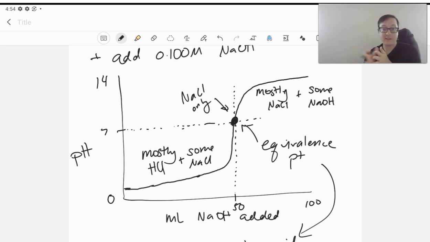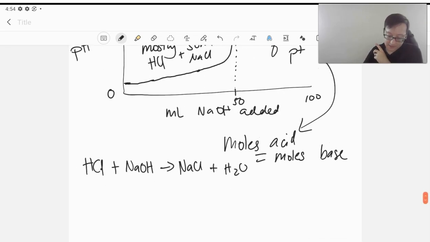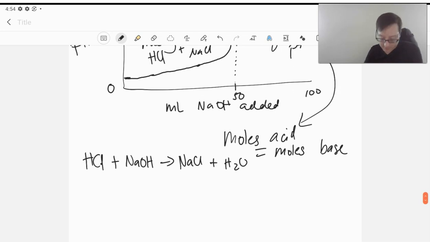So the patterns here. When we look at the initial pH, it's very low. That's one thing to look at; we'll look at a lot of characteristics throughout these titrations. So the initial pH is low, because we have a strong acid, so we're expecting it to be very acidic.